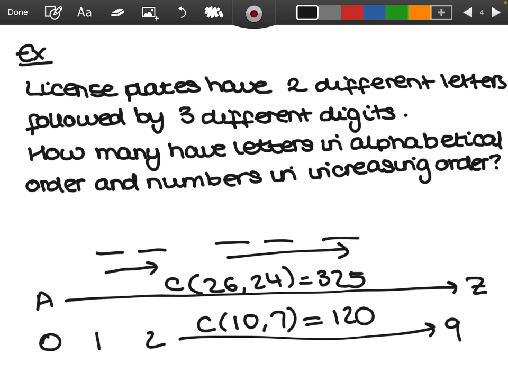And that will give me 120. I have my first choice, which is by looking at the letters. My second choice is looking at the numbers, so I therefore just multiply these 2 numbers together, and that tells me that there are 39,000 ways in which I can have the letters in order and the numbers in order.